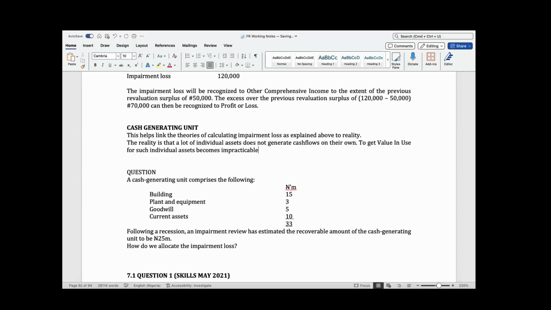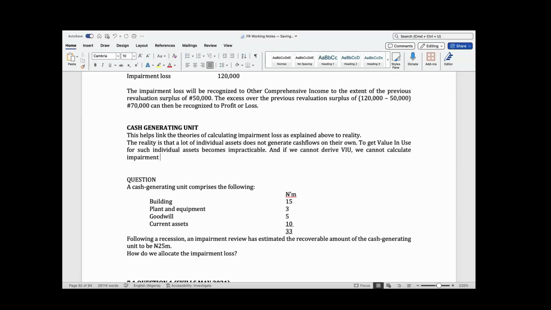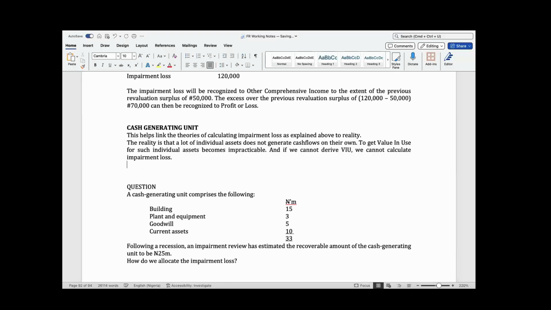And if you cannot derive VIU, you cannot calculate impairment loss. So it becomes a problem.